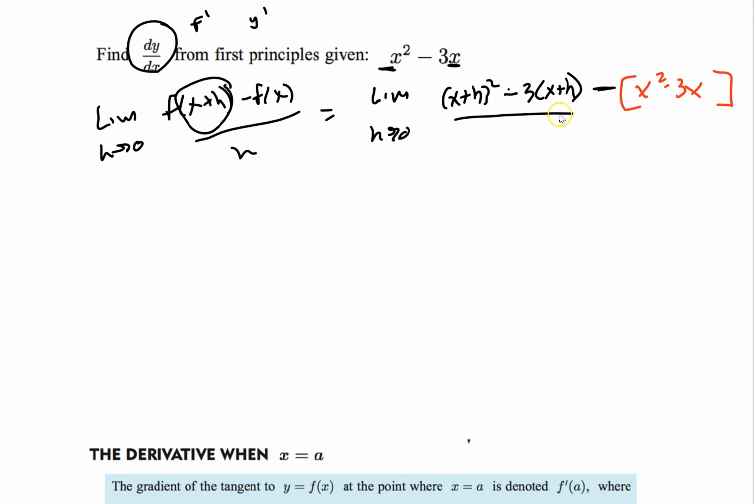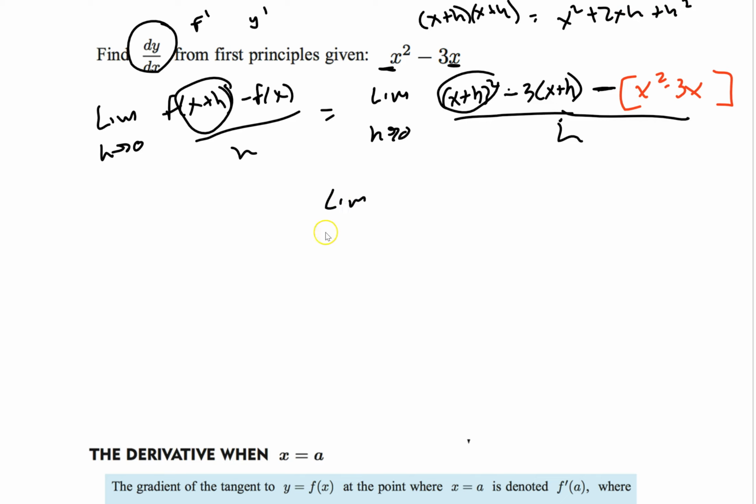All over h. So what's next is what we always do. We simplify. Remember, this is probably the most annoying part because it's not x squared plus h squared. It is x plus h times x plus h. But once we do it enough, we know it's going to be x squared plus 2xh plus h squared. So let's just write this out.